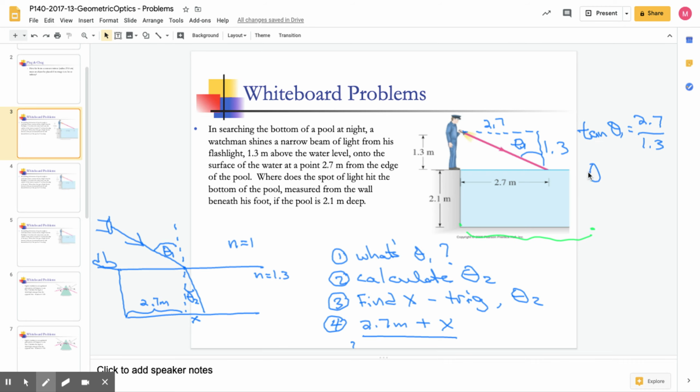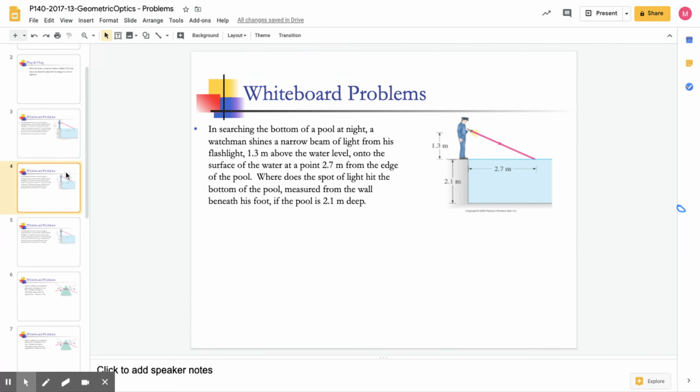Theta 1 is equal to tan inverse of 2.7 over 1.3, and therefore theta 1 is equal to 64.3 degrees. Okay, so next we need to calculate theta 2, so we're going to switch to the next slide.